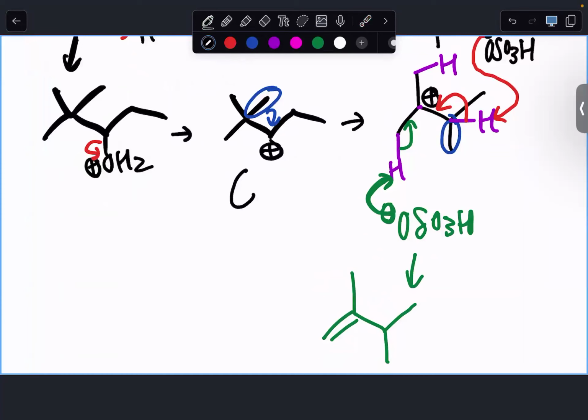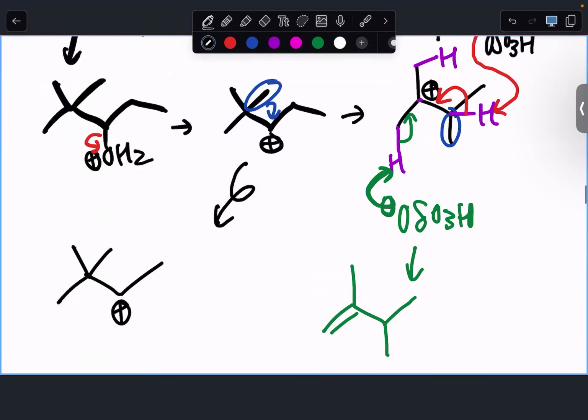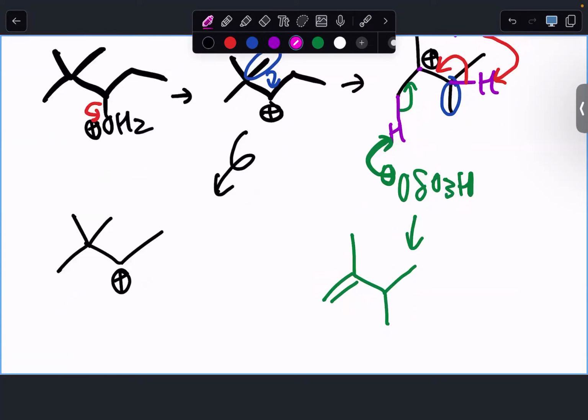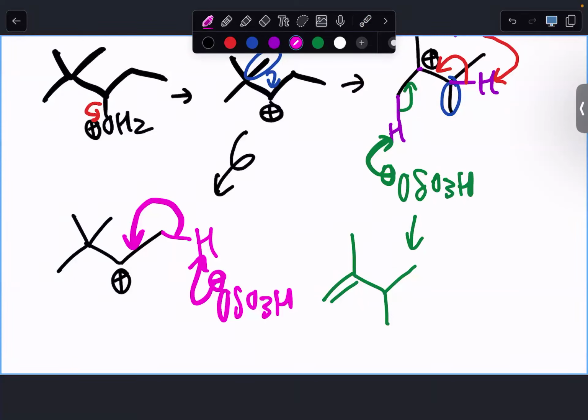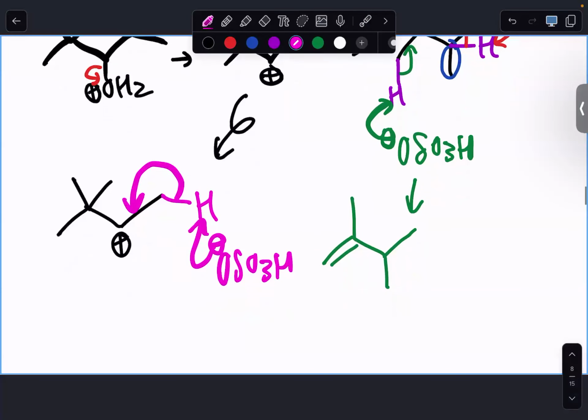So our other 2 minor products could come from the carbocation that did not do any shifts, the less stable carbocation intermediate. We only have 1 beta hydrogen, which is that beta hydrogen right here. This beta carbon has no hydrogen, so there's no beta hydrogen there. We could use the conjugate base to grab that beta hydrogen and then make that double bond right there.